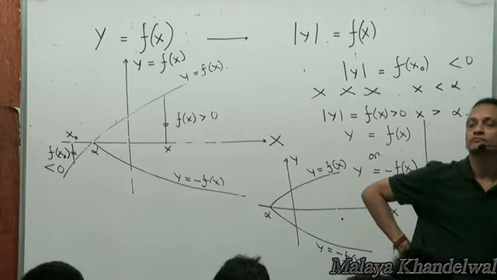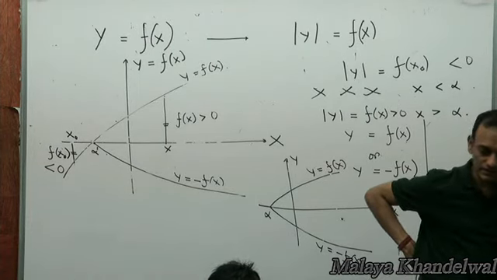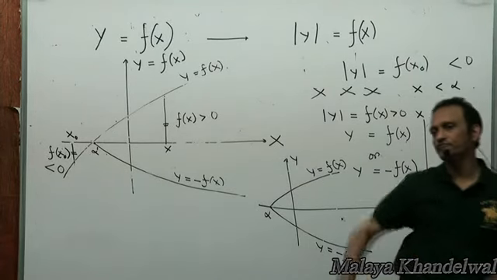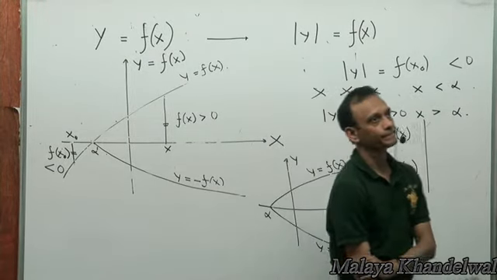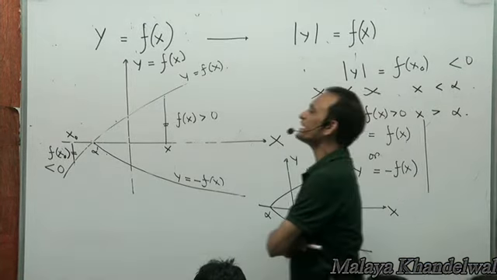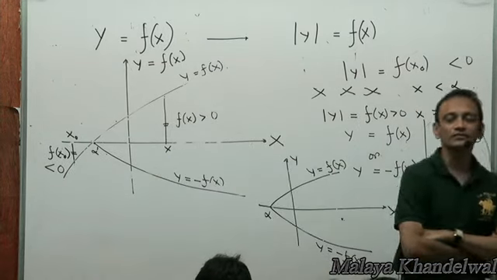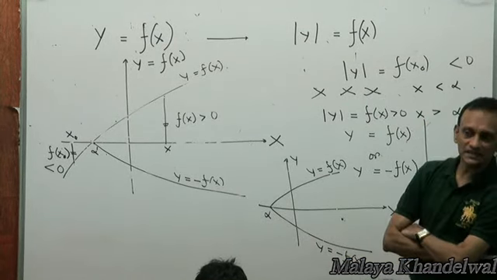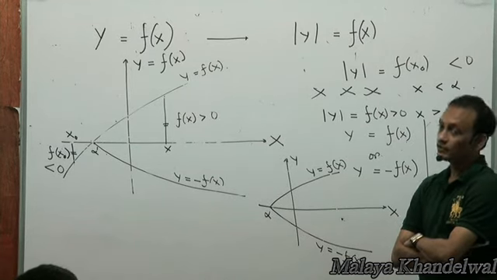Write down. To migrate from y equal to f(x) to mod y equal to f(x), ignore, reject and discard the portion of f(x) where it's negative.